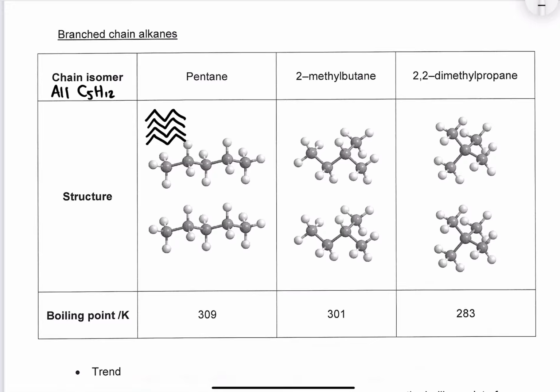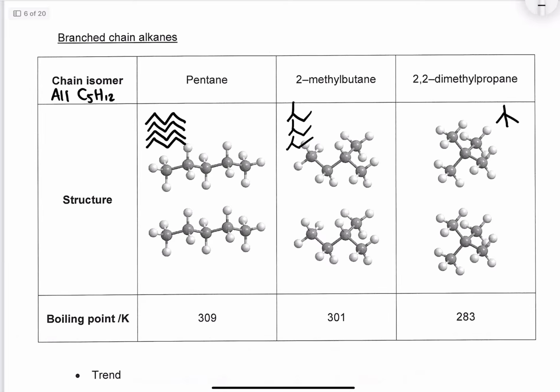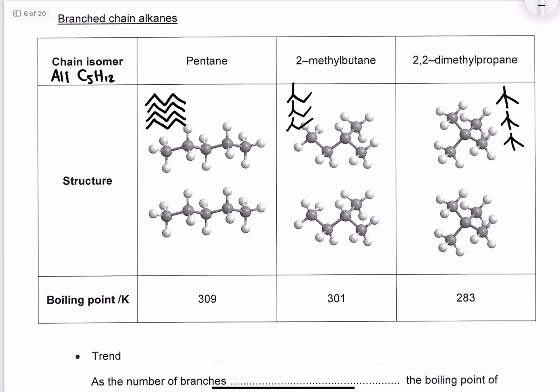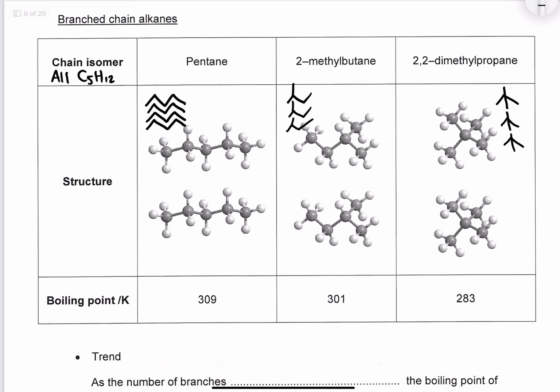They're just going to stack one on top of each other. But if we look at methyl butane and try to put them close together, they can't get as close together because of the branch. And with dimethyl propane, because of the double branching, again, the molecules just cannot get as close together. Imagine holding magnets just that little bit further apart.